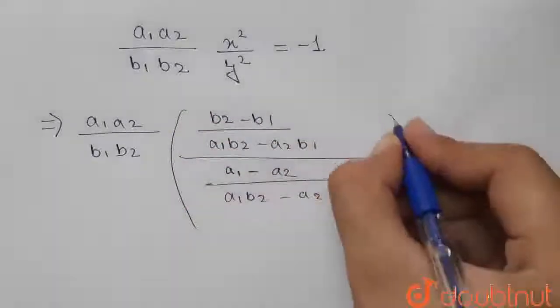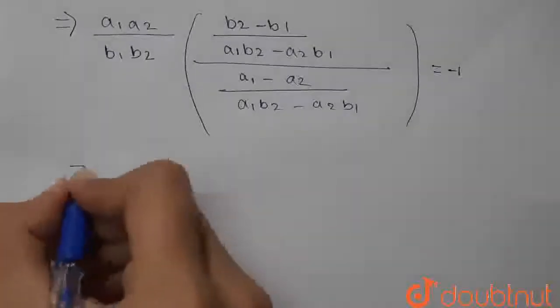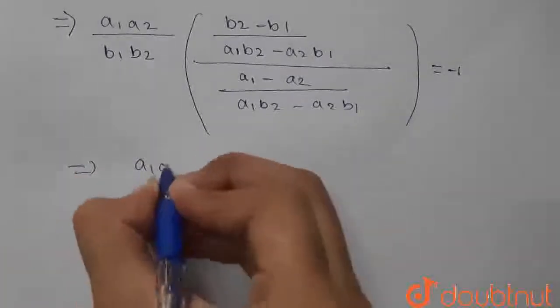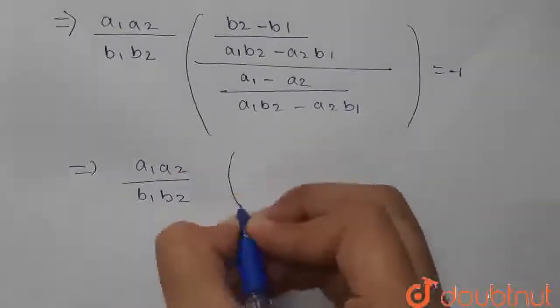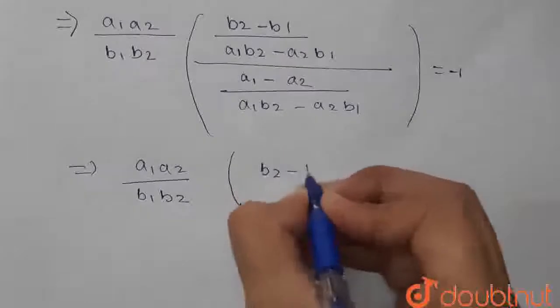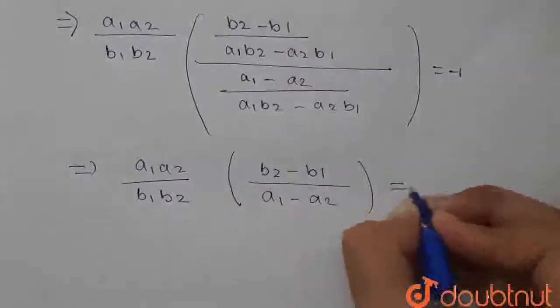So clearly this and this will get cancelled and this is equal to -1. So this will be a1 a2 upon b1 b2, and we are left with b2 minus b1 upon a1 minus a2, and that is equal to -1.